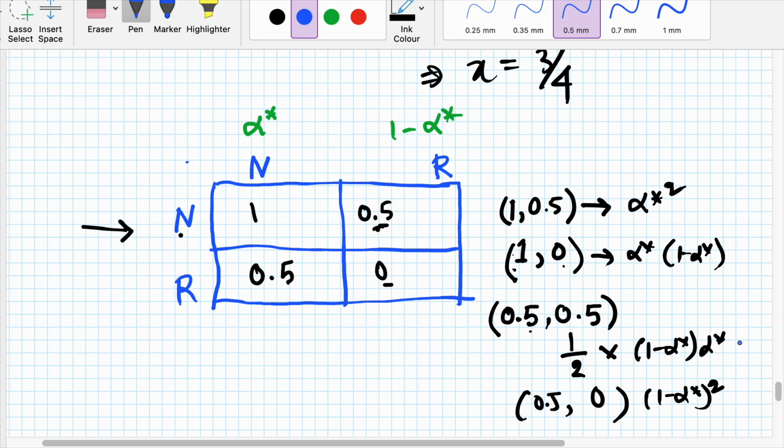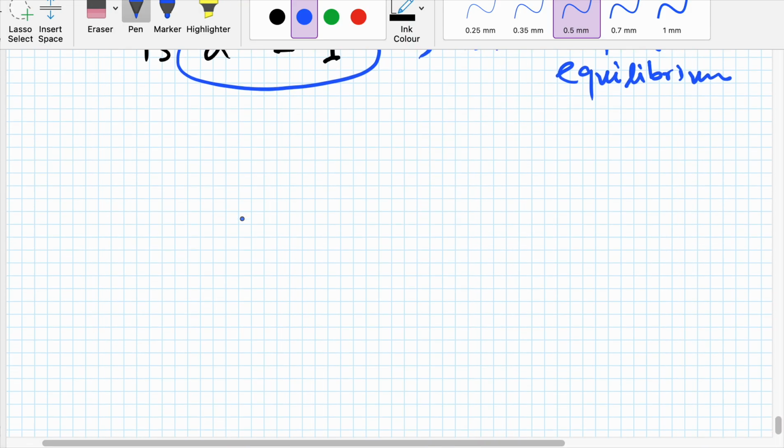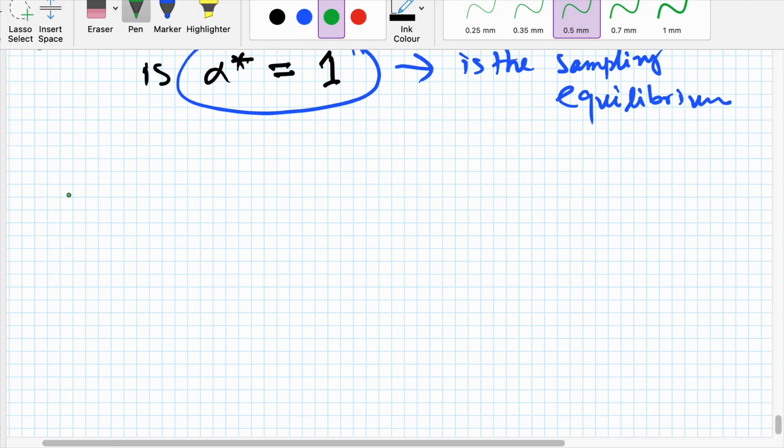And here, before ending this class, I want to mention that in this game you will find that the action n is also a pure strategy Nash equilibrium, and there is a theorem which connects these two equilibrium concepts.